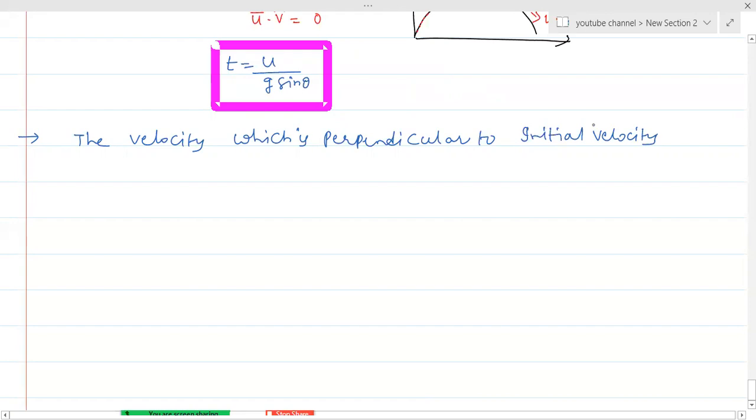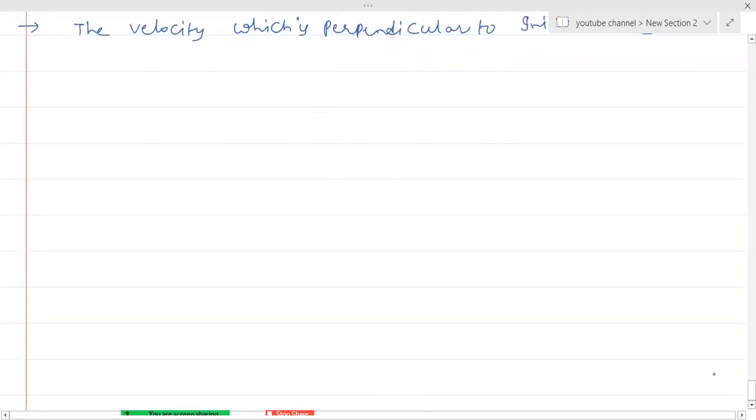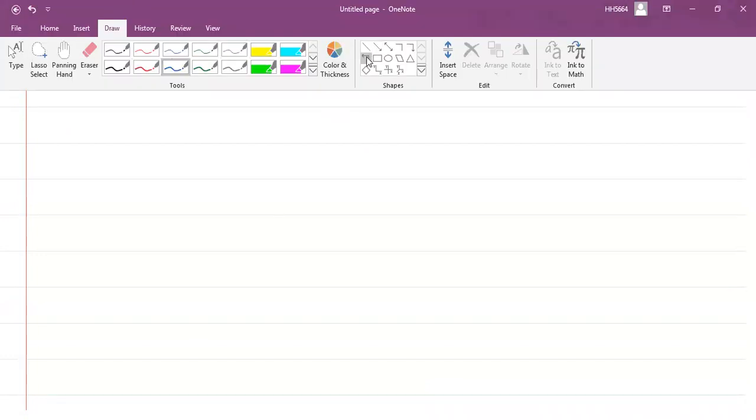Velocity which is perpendicular to initial velocity direction. So now we will understand that.